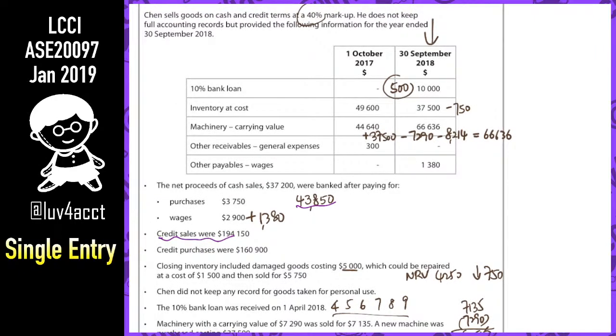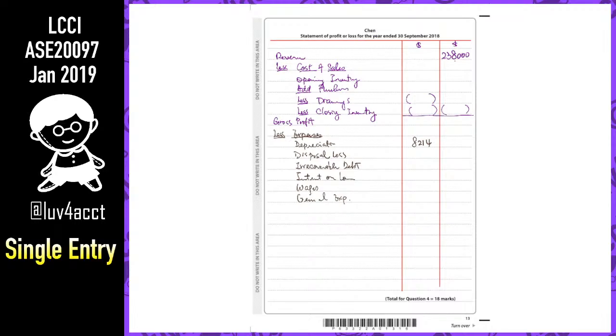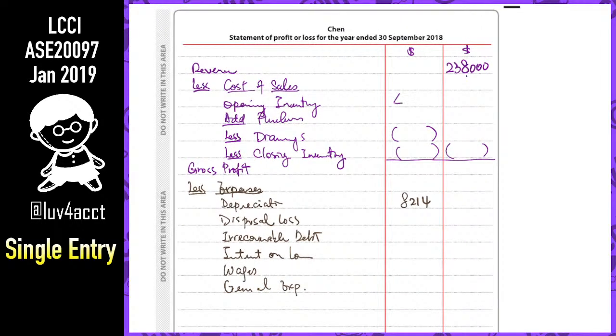Opening inventory 49,600. Closing inventory 36,750. So next, purchases.